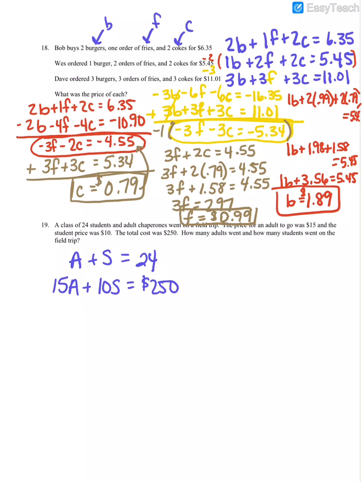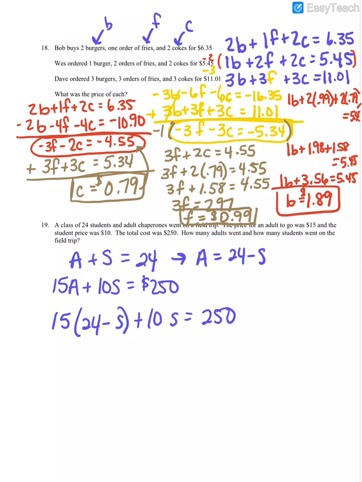So we can do some substitution or we can do some elimination. At this point it doesn't really matter to me. So I'm going to say adults are 24 minus S. So 15 times 24 minus S plus 10S is equal to 250. 15 times 24 is 360, minus 15S plus 10S is equal to 250.